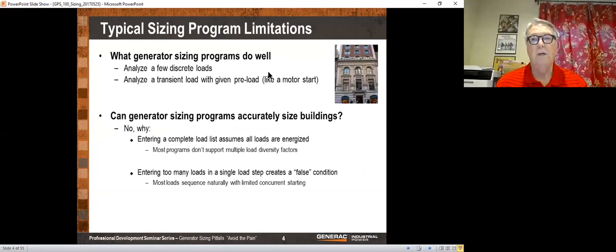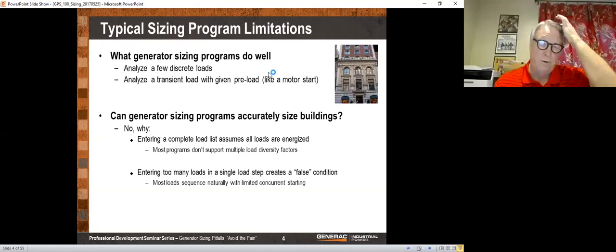Generator programs generally size a few discrete loads and they do okay. The ones on your computer, of course, generally came out to try to analyze the starting of a motor. And they did a pretty good job of that. Perhaps you've noticed that in the last few decades, our world has gotten slightly more complicated.